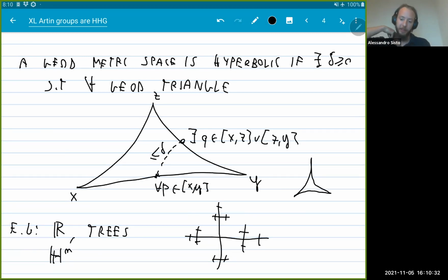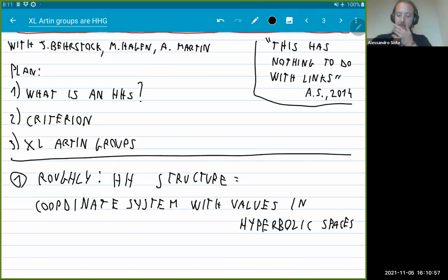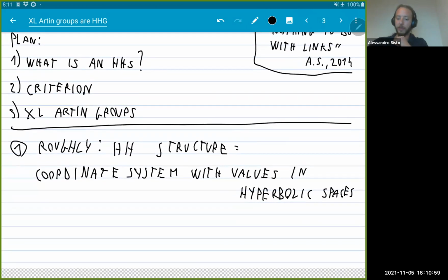The point is that it might look like a strange property if you have never seen it before, but the large scale geometry of these spaces is not that hard to understand. There's lots of things that you can do and play around with just this very simple property. Okay, not going to say anything more. I'm going to get back to this.